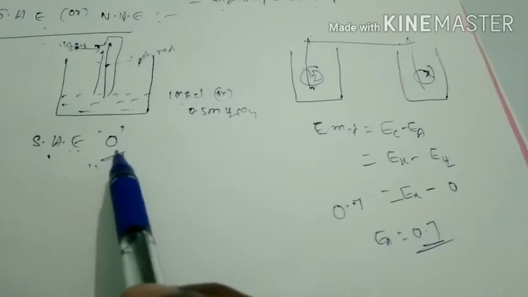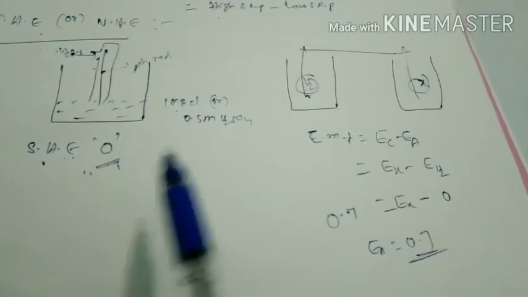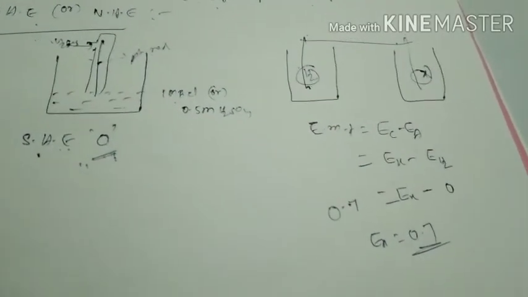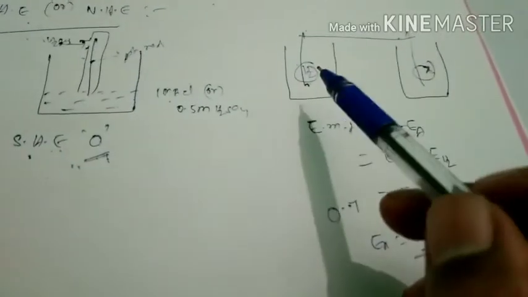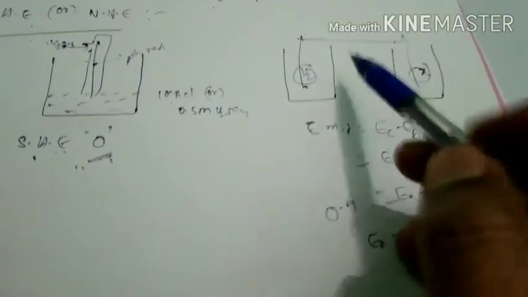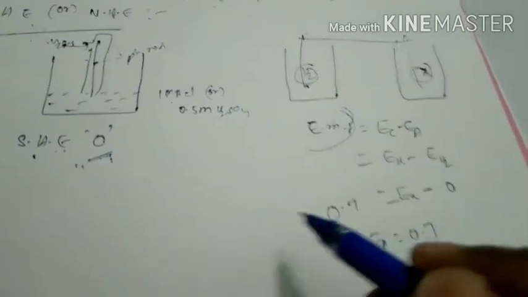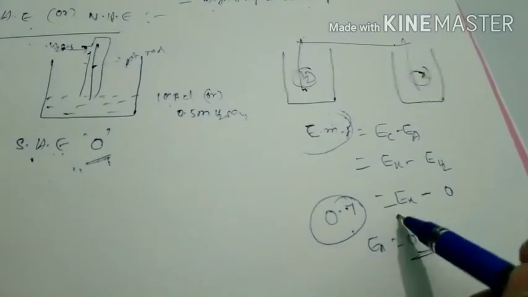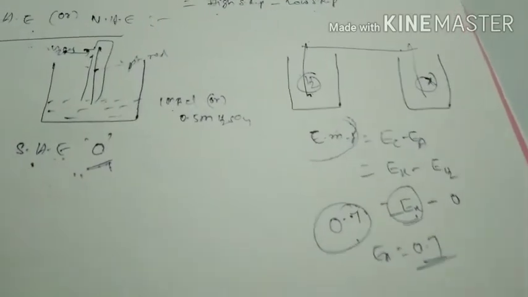When it is 0, we can calculate the potential of any substance, that means either metal electrode or non-metal electrode, by constructing a galvanic cell. That means when we construct a galvanic cell, we get the electromotive force, the EMF value. Suppose we get an EMF value like this, then automatically that will be the electrode potential of the other substance. That's all.